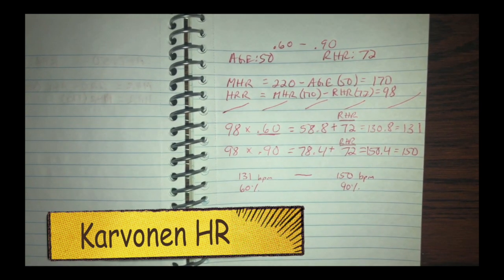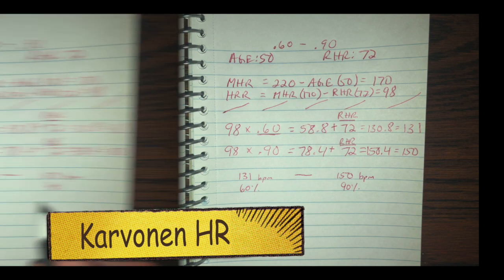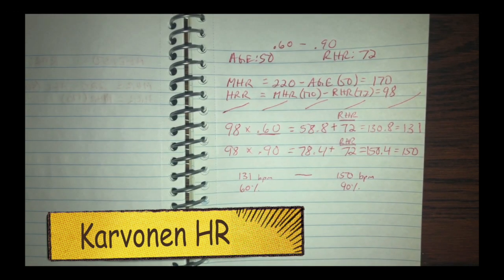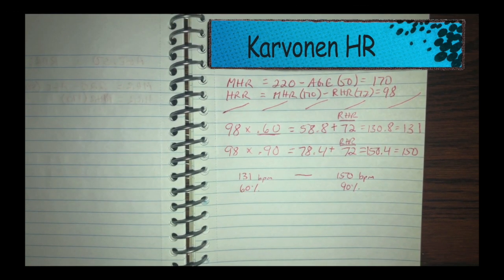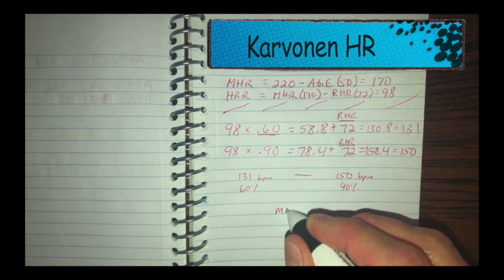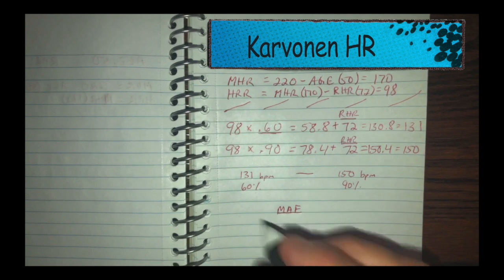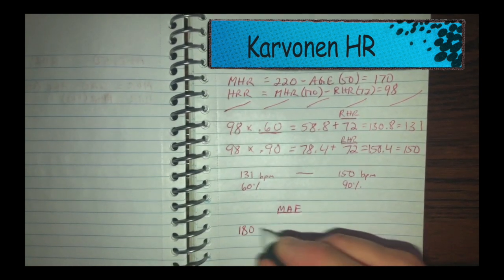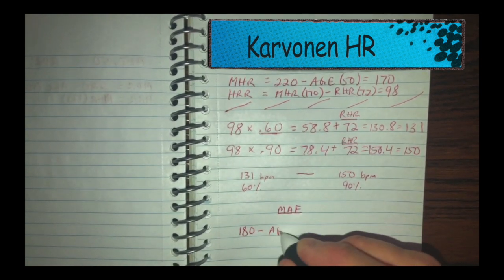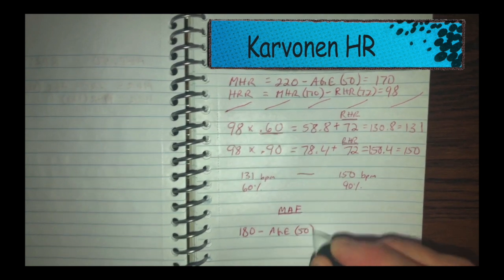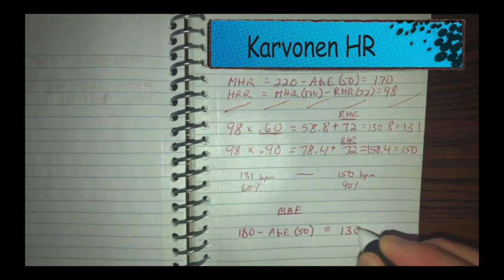And if we go back to the Phil Maffetone article about burning fat, we want to be at a low level of aerobic to increase our aerobic function. So taking this information, if I want to relate it to the MAF heart rate, which would be, if you remember, 180 minus age, and this person is 50, I get 130 beats per minute.